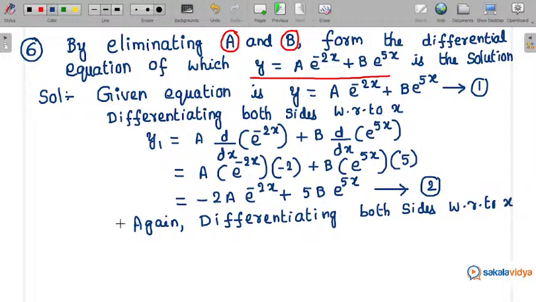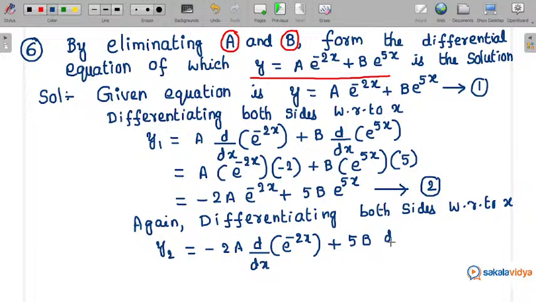So the derivative of y1 becomes y2, right? Now negative 2a times d by dx of e power minus 2x plus 5b times d by dx of e power 5x. Okay, am I right now?